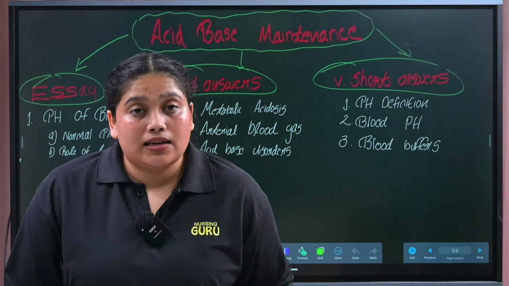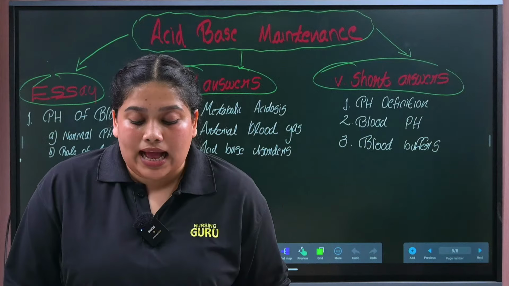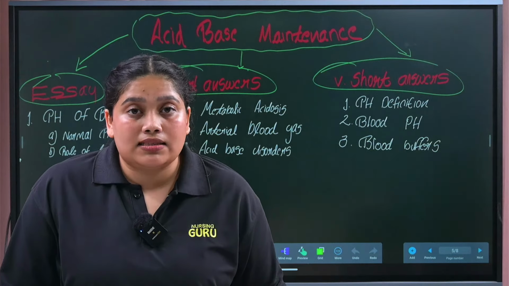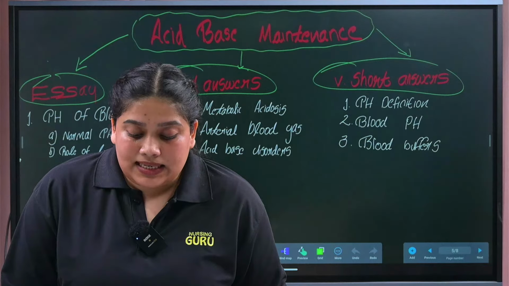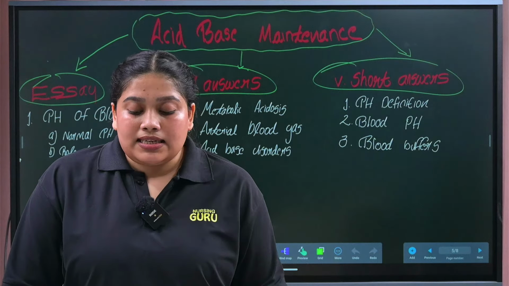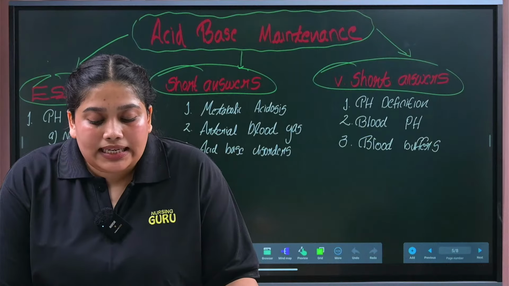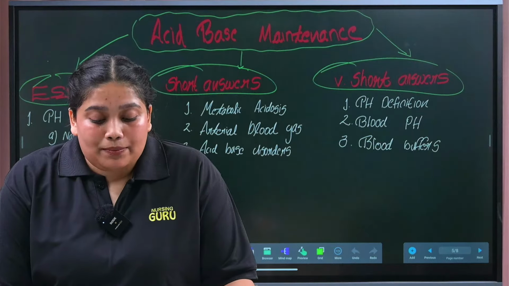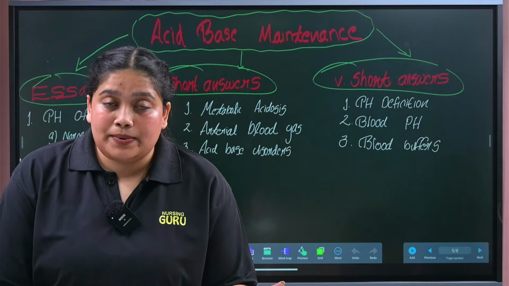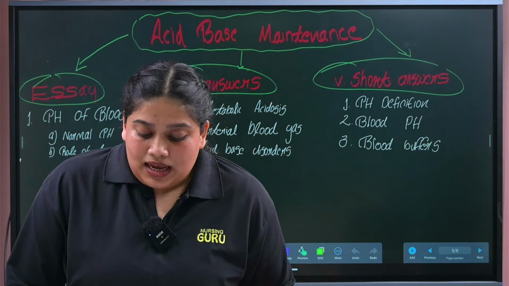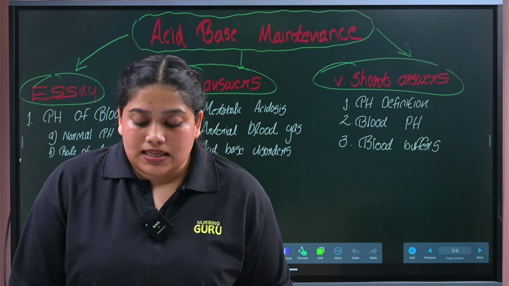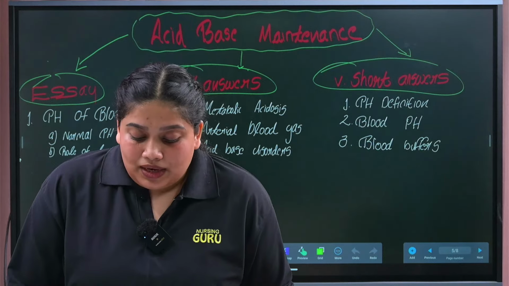And metabolic alkalosis. What is metabolic alkalosis? Mainly acid loss can cause metabolic alkalosis. Next, respiratory acidosis means mainly hypercapnia. Next, respiratory alkalosis means hypocapnia.